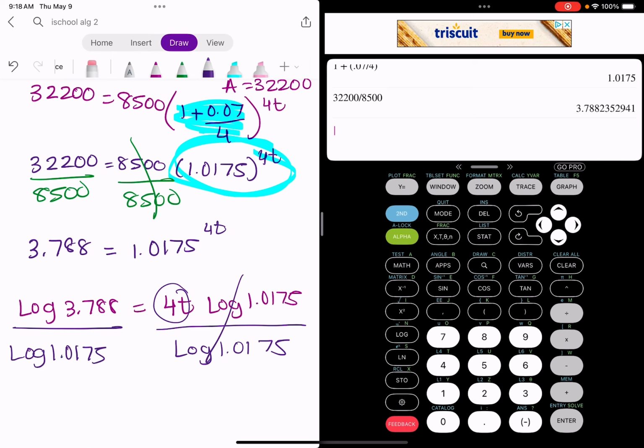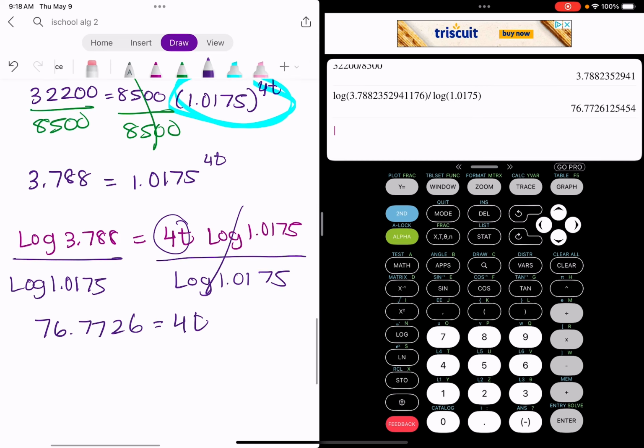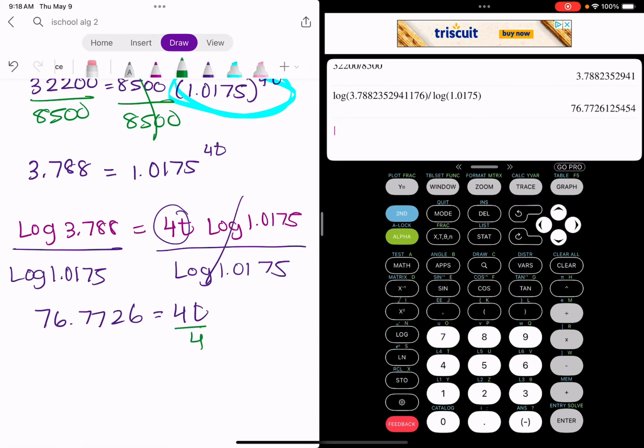And remember, don't round. So I'm going to take the log, and I'm going to scroll up to my last answer, divided by the log of 1.0175. So that's going to give me that. So I have 76.7726 equals 4t. Now my last step is divide by 4 on both sides. Again, don't round.